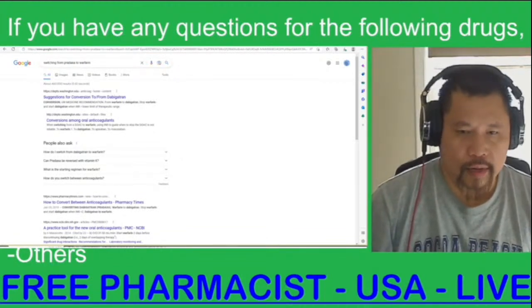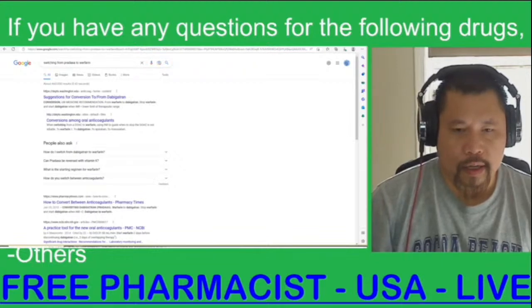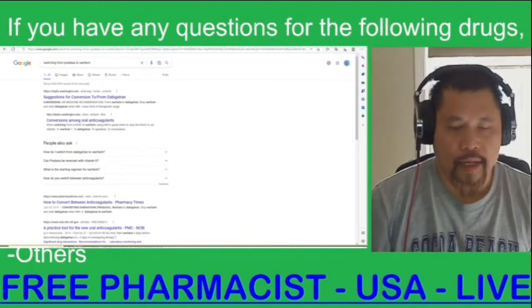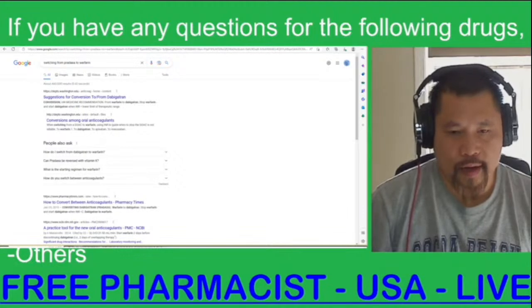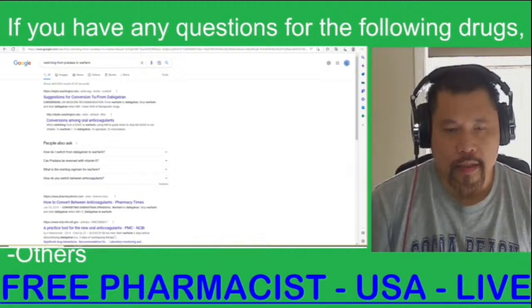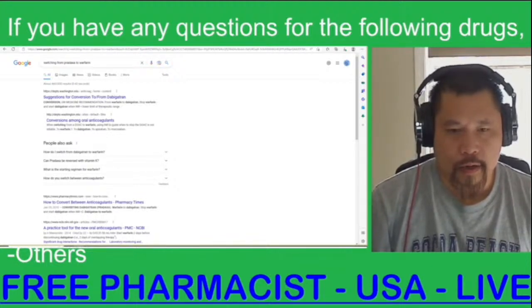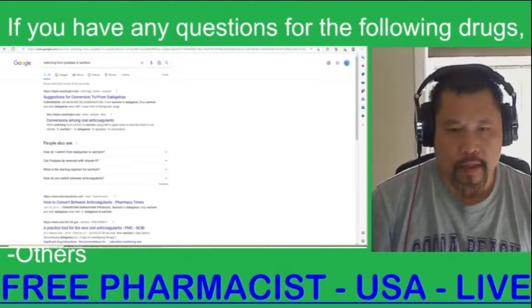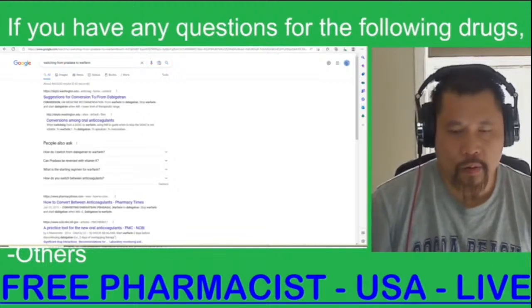But if it's greater than 3.6, I would hold the warfarin for 1 day and have the patient come back in 1 week to recheck the INR for further instruction. So it depends on the INR level in order to recommend how many days you need to hold the warfarin before switching to Dabigatran.